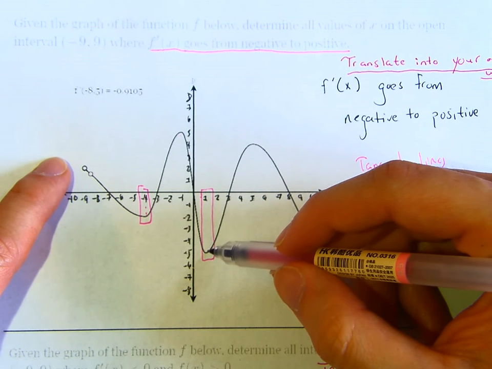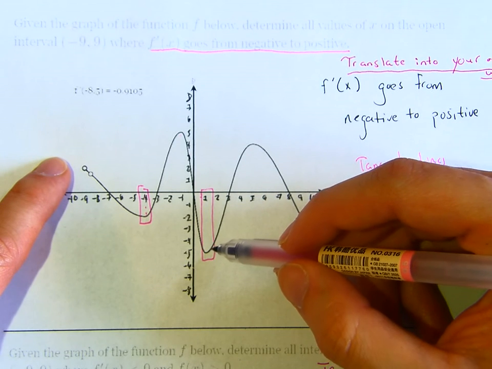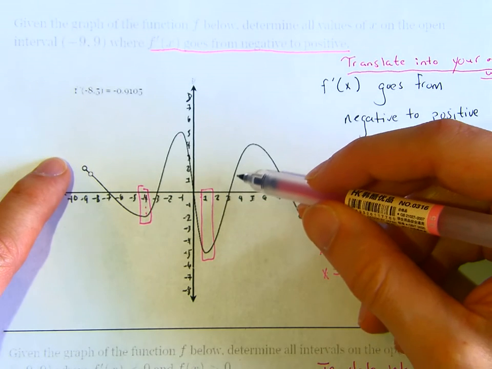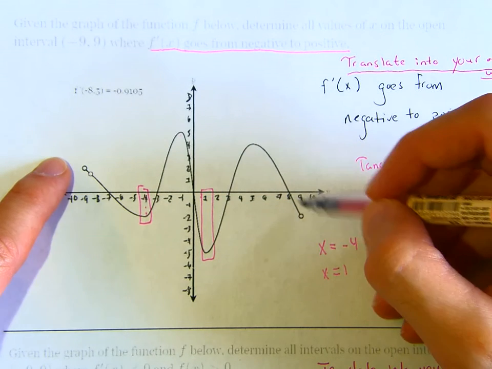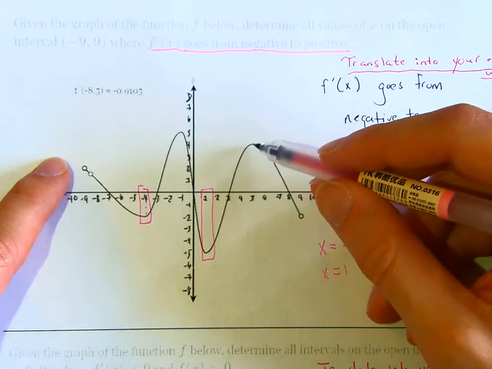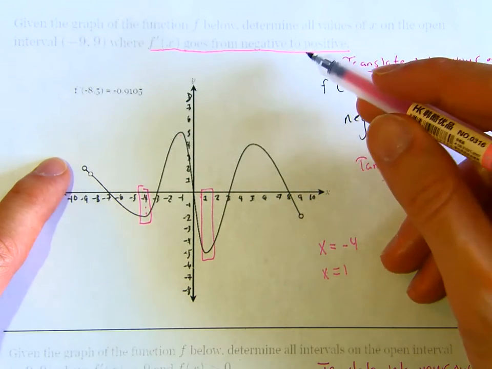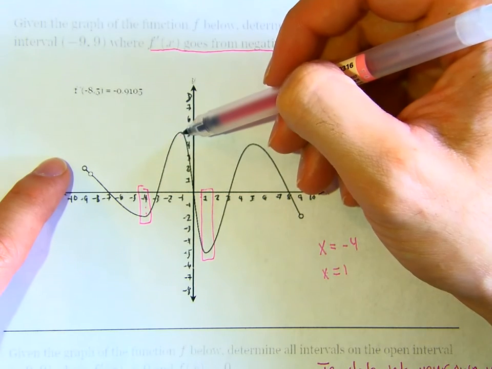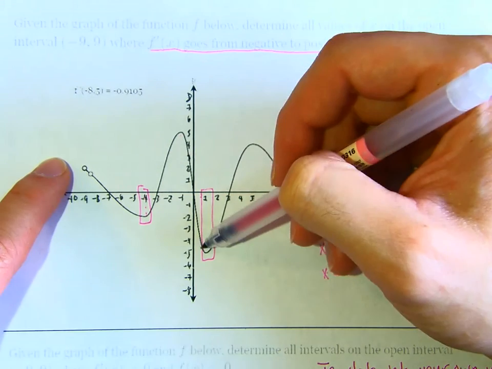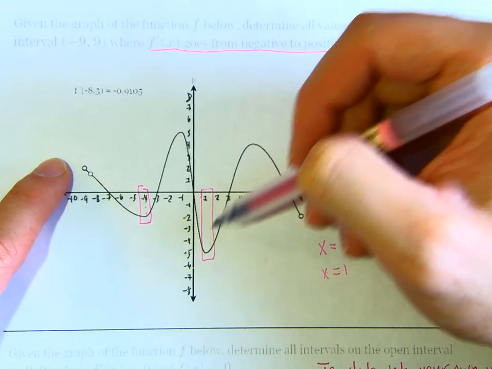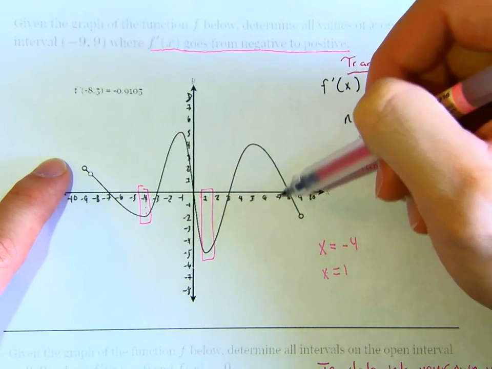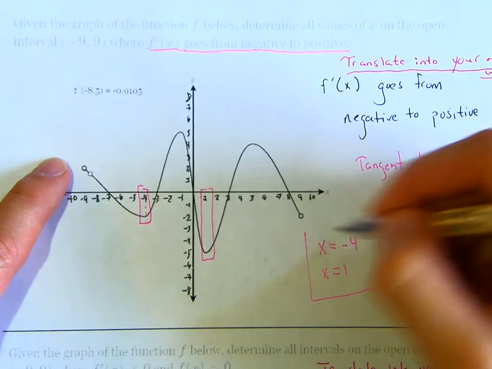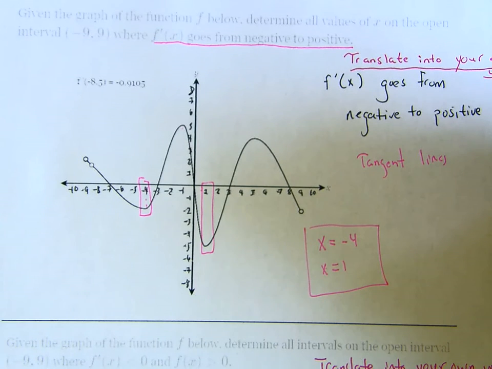And from here this goes from negative to 0 to negative. So you see this goes negative to negative. It doesn't go negative to positive. Let's just make sure. Yeah, I'm sorry, this goes positive to negative. My bad. Okay, so it's just these two values: x equals negative 4, x equals 1.